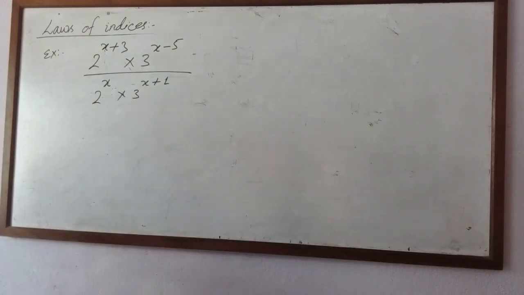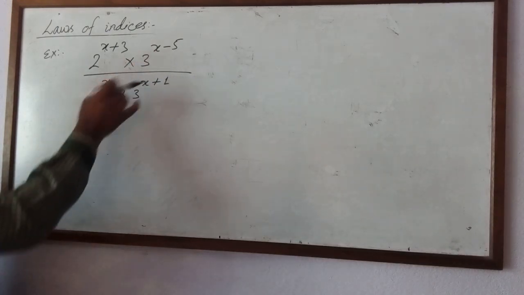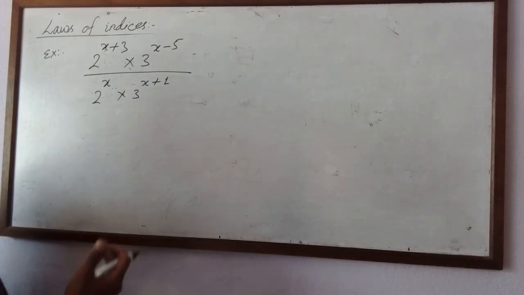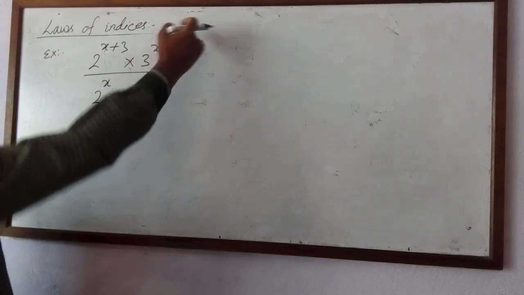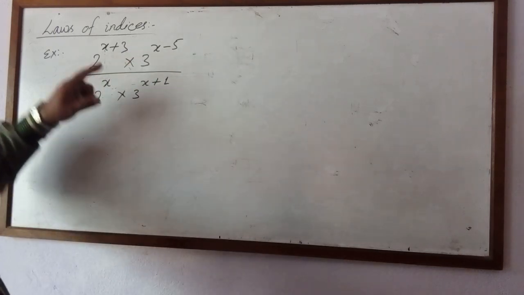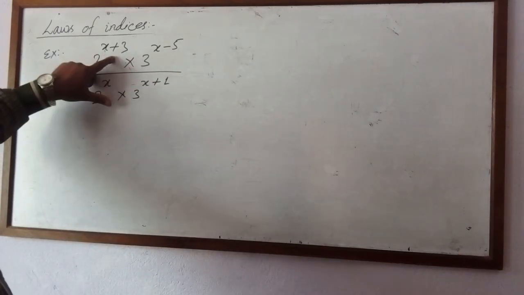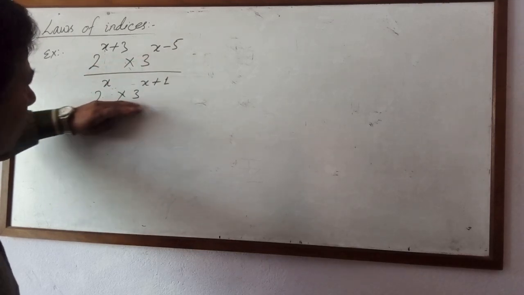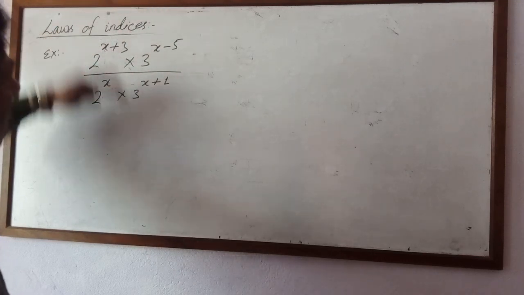Now you can bring this 3 and 3 to one side and this 2 and 2 to another side. You can go like that also, or if you want to bring them all up, to reduce the space we take selectively. That will be short. You can take these both up, or take these both down also.